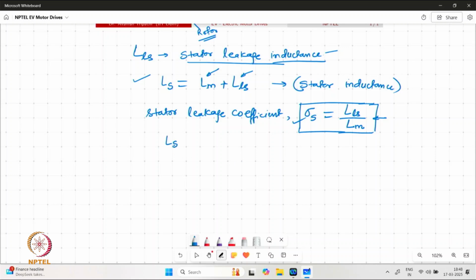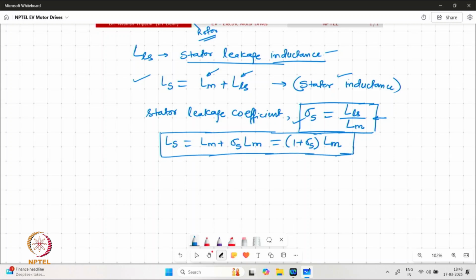So which means if we have to define our stator inductance in terms of Lm, we can write it as Lm plus sigma s times of Lm, or 1 plus sigma s times of Lm. So these terms would be useful in writing our equations in a compact manner.